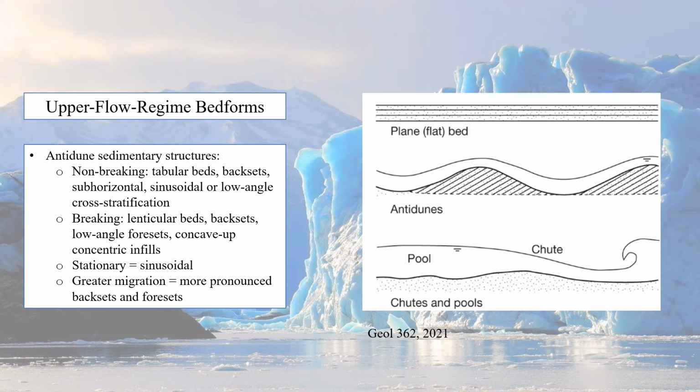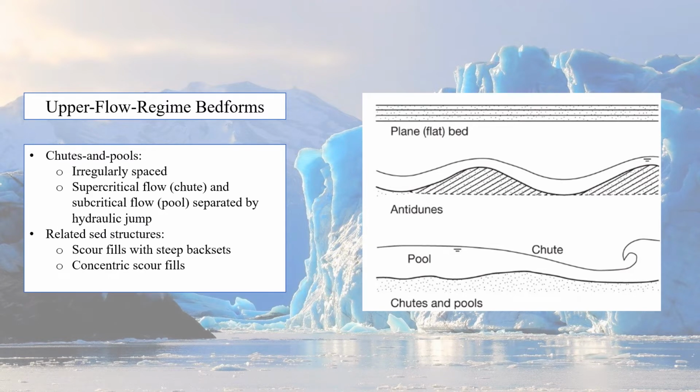For breaking antidunes, you may see lenticular beds, backsets, low-angle foresets, or concave up concentric infills. Also to note that sinusoidal stratification usually implies a stationary antidune. And the more migration an antidune experienced, the more pronounced the backsets and foresets will be.